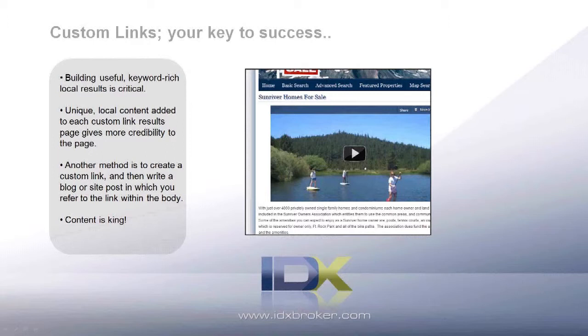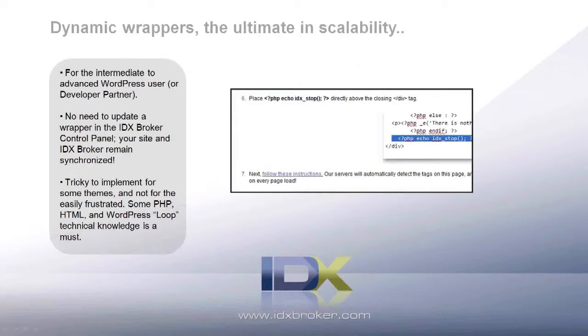Obviously we would love to see you integrate it inside the results link, because that makes the dynamic content and the unique content more keyword rich to the search engines. But overall, you can do it by creating a post on your own blog and then linking out to that custom link as well.